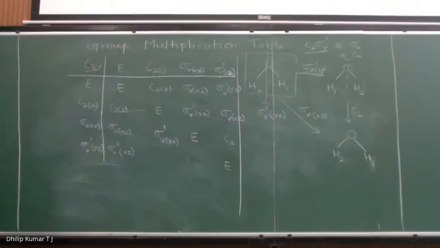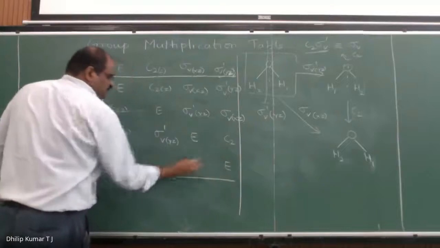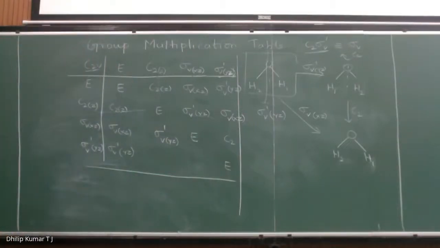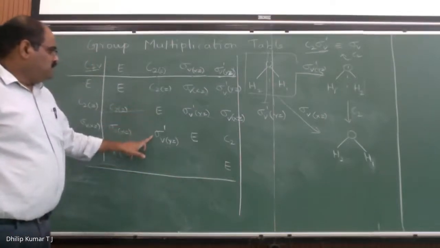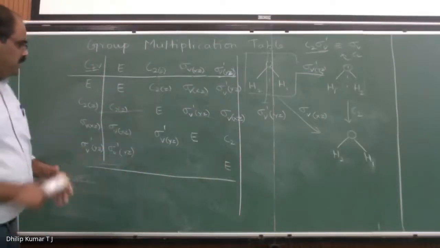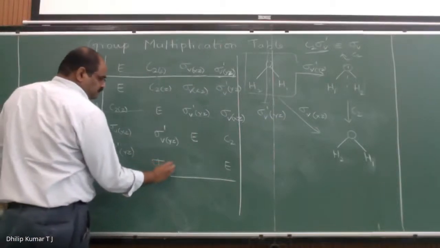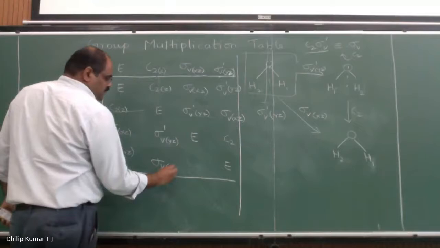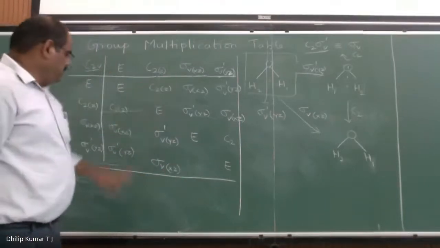What I'm writing here: in the last row, we again have two entries not filled. C2 and E are already taken, and here sigma V prime is already there. So it should be sigma V of XZ. And then again, sigma V into sigma V prime.